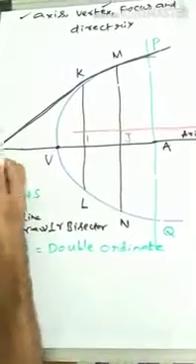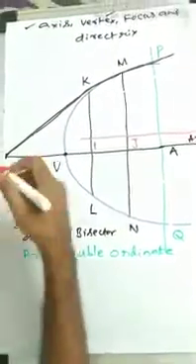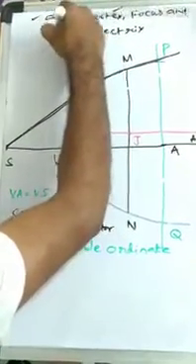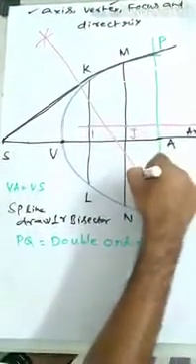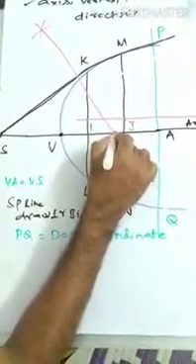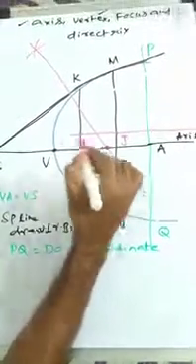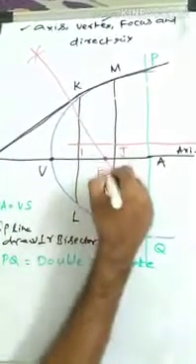If you draw a perpendicular bisector for the PS line, by using a compass, this perpendicular bisector cuts the axis at a certain point. Name this point as the focus.